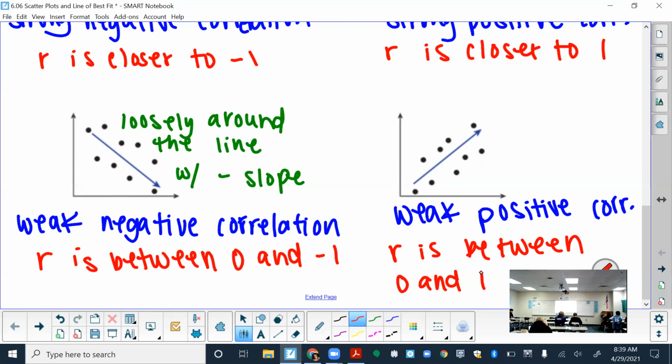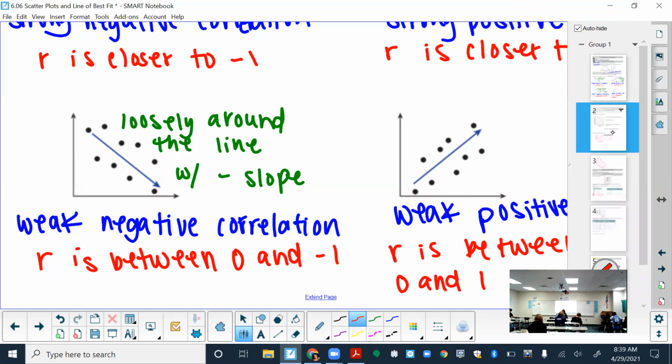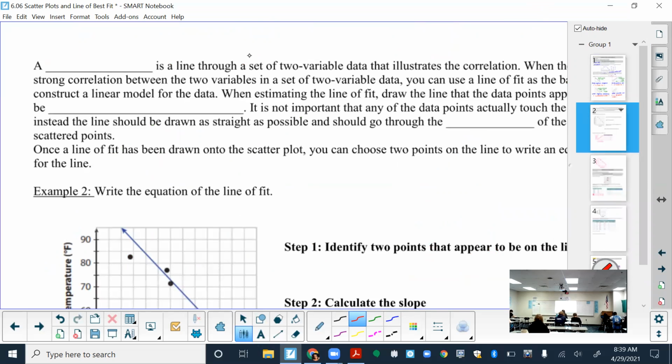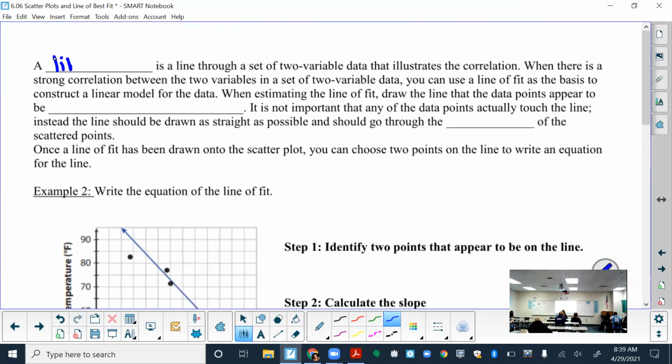All right, so scatter plots, good. If you need to create one, you're just going to be plotting the points. So I'm sure you guys know how to do that by now. Now we're going to talk about what are called trend lines or line of best fit. So a line of best fit, that's the first point here.